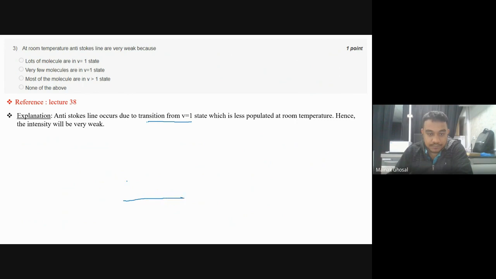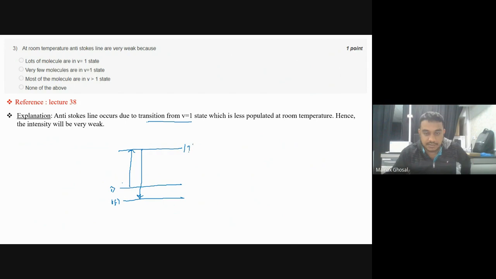So I'm again drawing this. For the Stokes line, this is my initial state, this is my final state. So I'm exciting the light here.